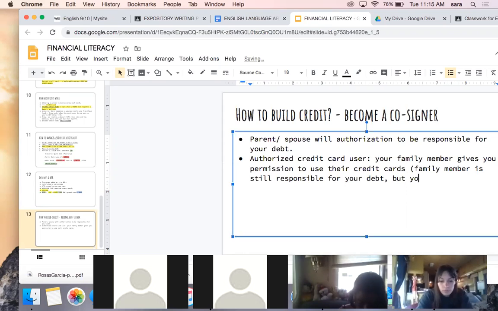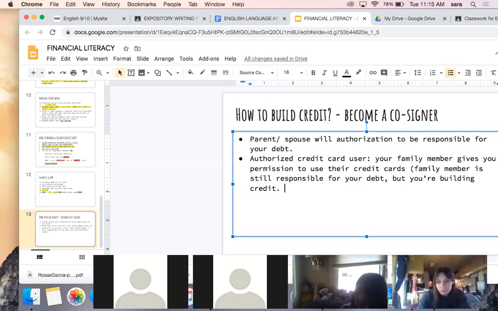But you're building your credit. So becoming a co-signer and becoming an authorized credit card user is nice. I mean, if your parents can give you that, that's awesome. You can rely on their credit to get a boost, you start your credit and whatnot.